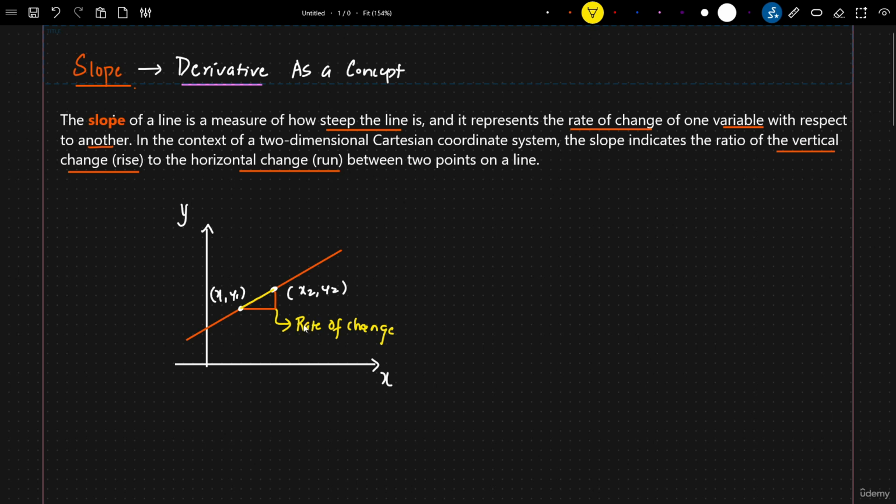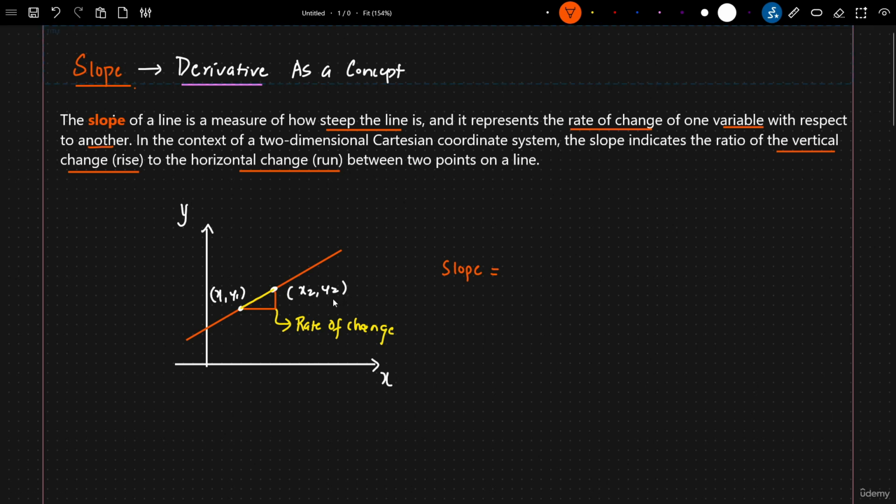Okay. Now, again, let me go ahead and show you in terms of formula. Usually if we really want to calculate slope, we basically say what is the rate of change of one variable with respect to the other one, right? So here you can see this coordinate is x1, y1, and this coordinate is x2, y2.